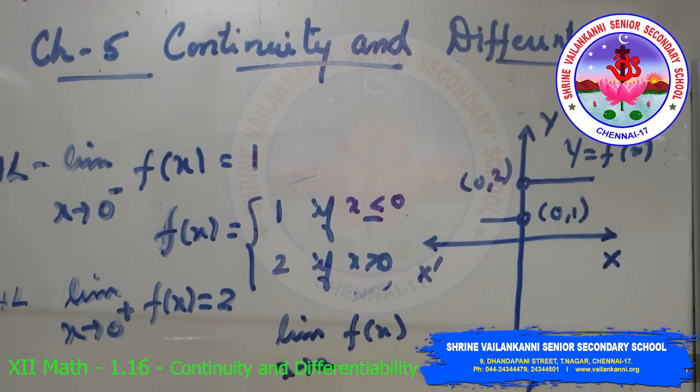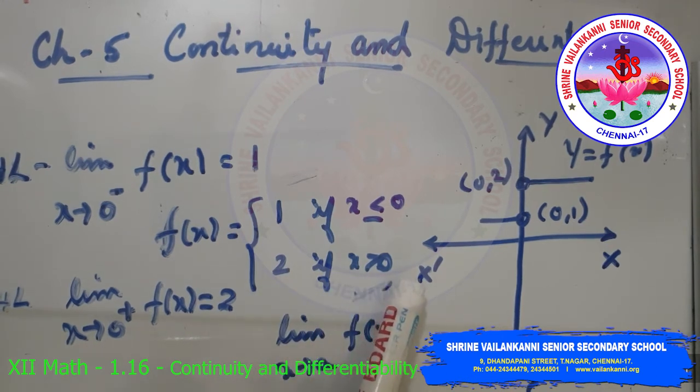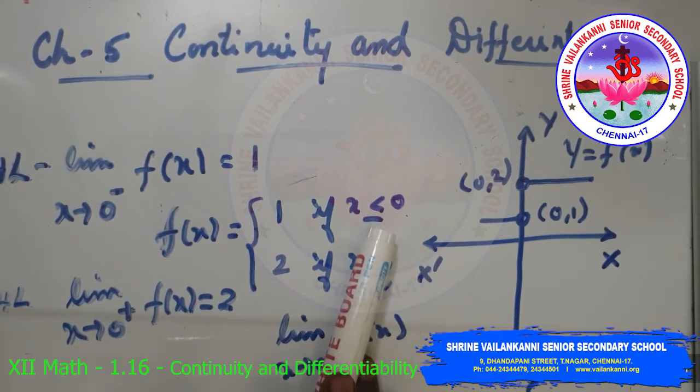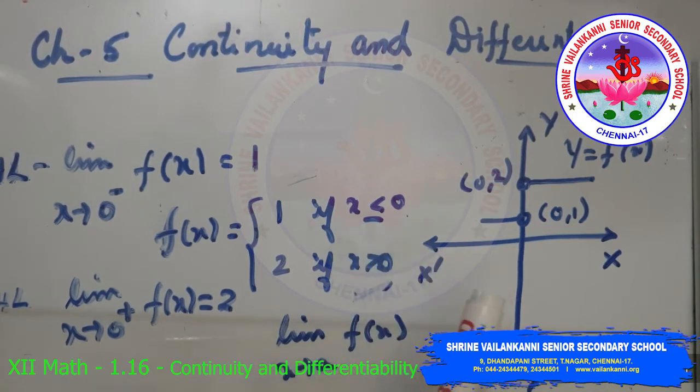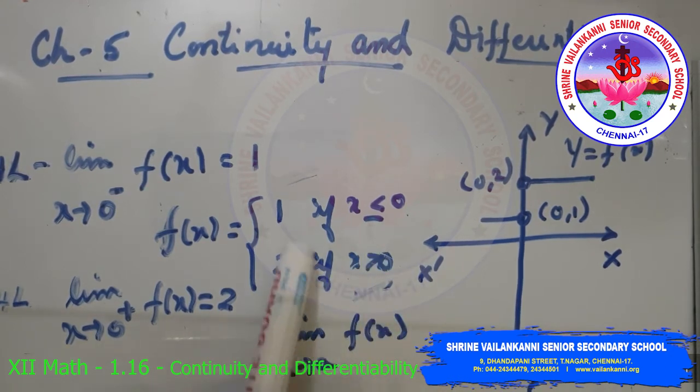At the points near and to the right of 0, like 0.1, 0.01, 0.001, the value of the function is 2 when x is greater than 0. When x is less than or equal to 0, the value of f of x is 1. For x greater than 0, the value of f of x is 2.